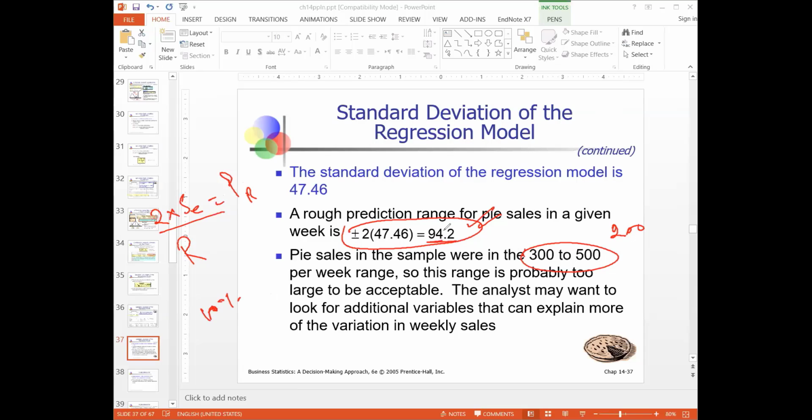This range should be 10% of that range, because your data is changing by 200 points and your prediction has an error of 94 points. So it is almost half of the work. This number should be 10% of this 200. So ideally it should be how much? 20, which is 10%. This way we will accept the quality of the model. So you have to check whether your estimates are within 10% of your prediction.